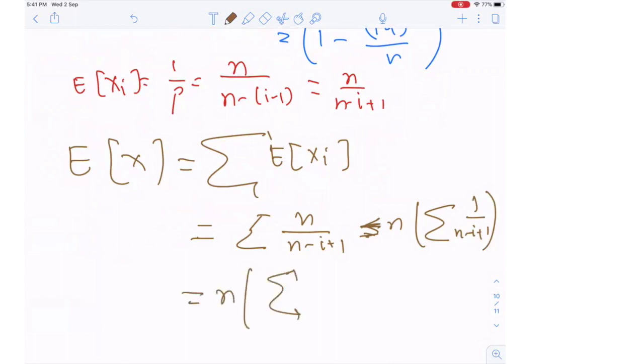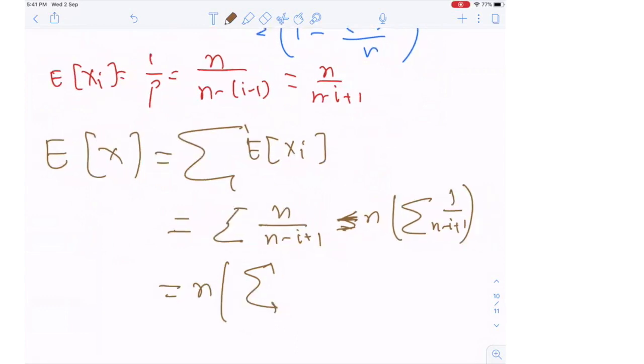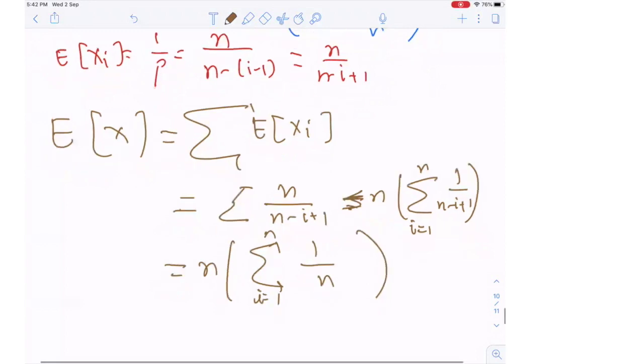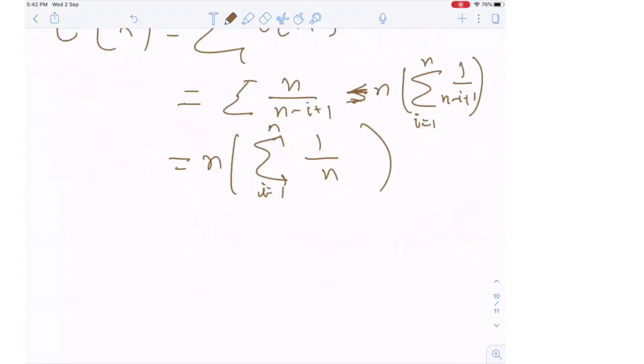Look at i going from 1 to n. When i equals n, I get 1 by 1. When i equals n minus 1, I get 1 by 2. So this is basically the summation for i equal to 1 to n of 1 over i, just reversed. And if you recall correctly, this summation was upper bounded by ln n.